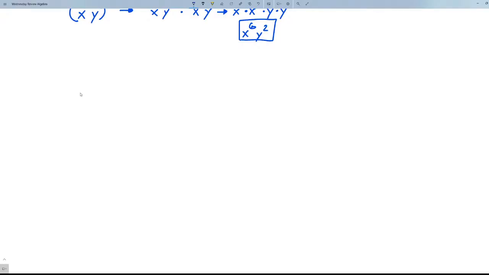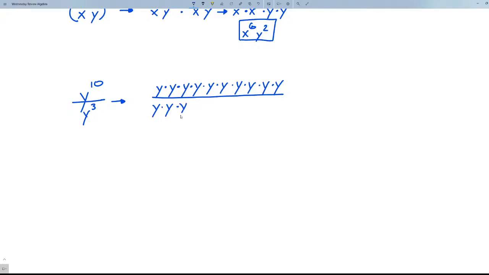So let's go with just a single variable first. So I'm going to go ahead and write this out just to show to you that the same thing is going to occur if we subtract. 1, 2, 3, 4, 5, 6, 7, 8, 9, 10 over y times y times y.